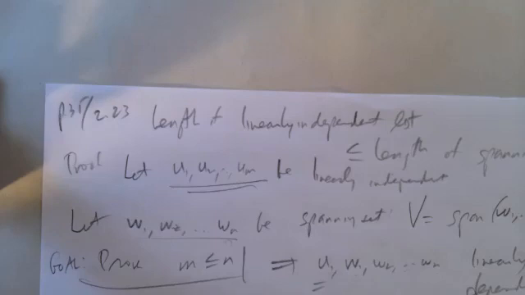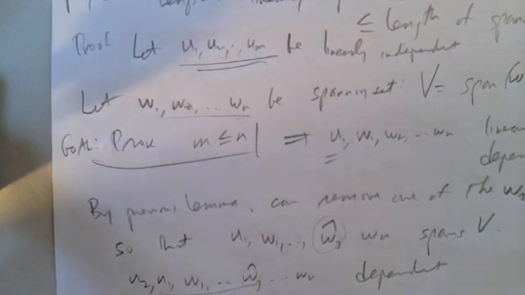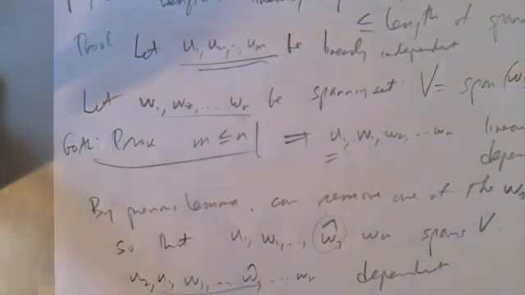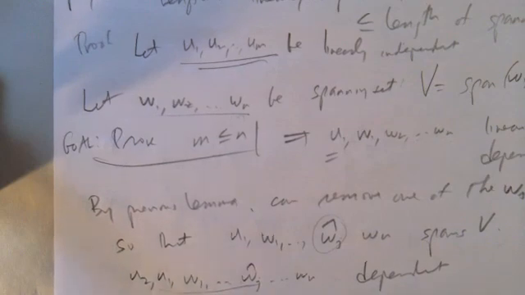So there's some w involved in that, and I can throw out another w. So I end up with a list of vectors u1, u2, w1, I throw out some vector wj1, I throw out some vector wj2, up to wn. I can throw out one of these vectors, and now I still have n vectors which span the vector space, and they include u1 and u2.